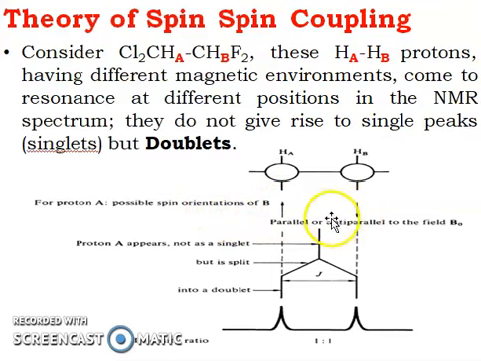What does it mean? We all know that the magnetic field is responsible for the resonance energy splitting. This splitting takes place based on the magnetic field, which we discussed in our principle of NMR spectroscopy module.